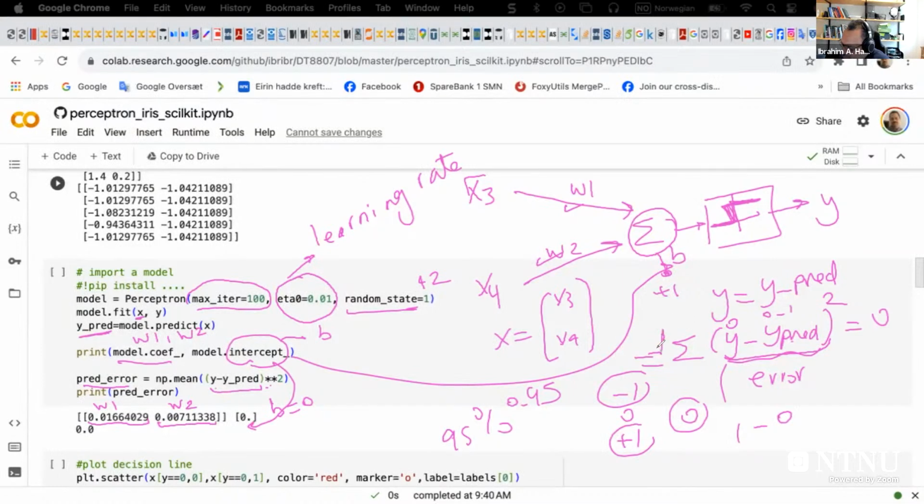So we multiply it by 1 divided by n. In programming, you can just calculate the mean value of the squared error, so you will get the prediction error. As you can see here, this prediction error equals 0, which means your accuracy is 100%. So your model is able to classify each single example correctly.